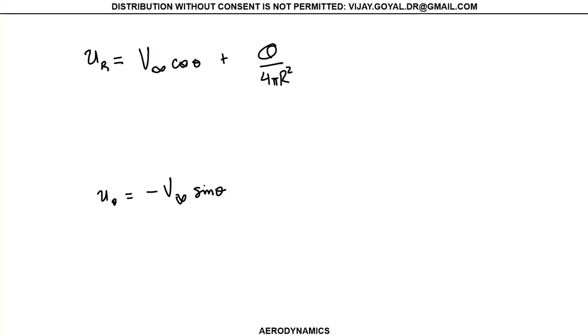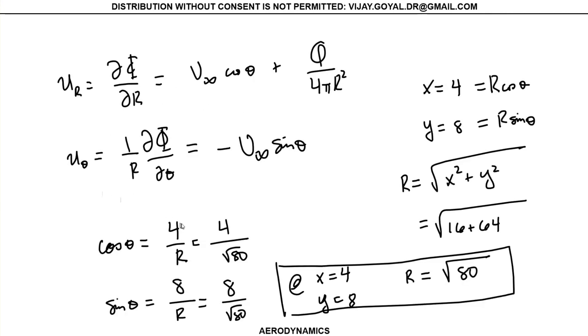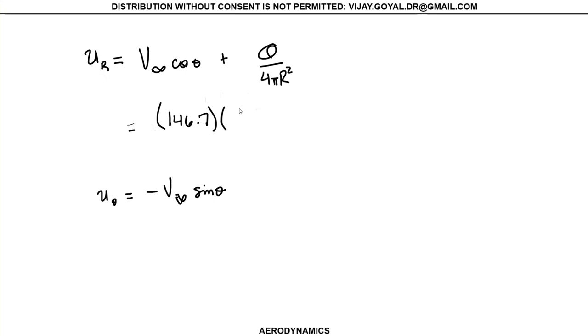So now I'm going to have U_r is equal to, okay, so we know this is 146.7, and cosine would be 4 over square root of 80, plus your source.